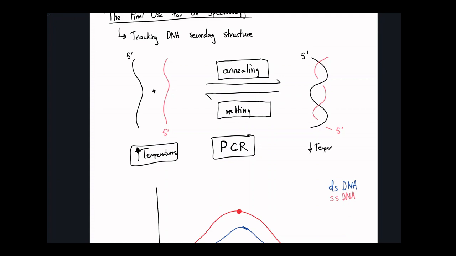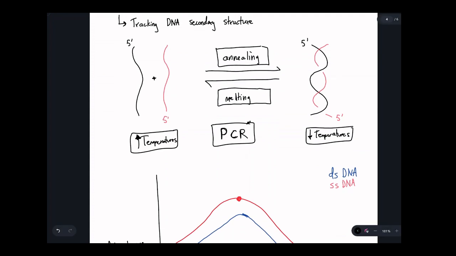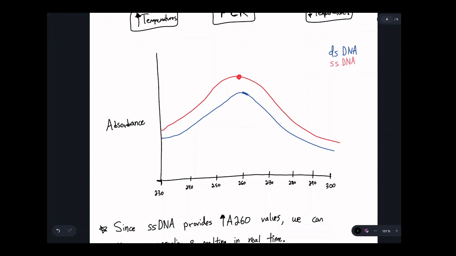And at low temperatures, they will combine together with their complementary sequences, two different pieces of DNA that are complementary to each other. But when they anneal, at low temperatures, the double-stranded DNA is going to be there, but at high temperatures it's single-stranded DNA, and you'll be able to measure that difference in signal as a change in your absorbance.